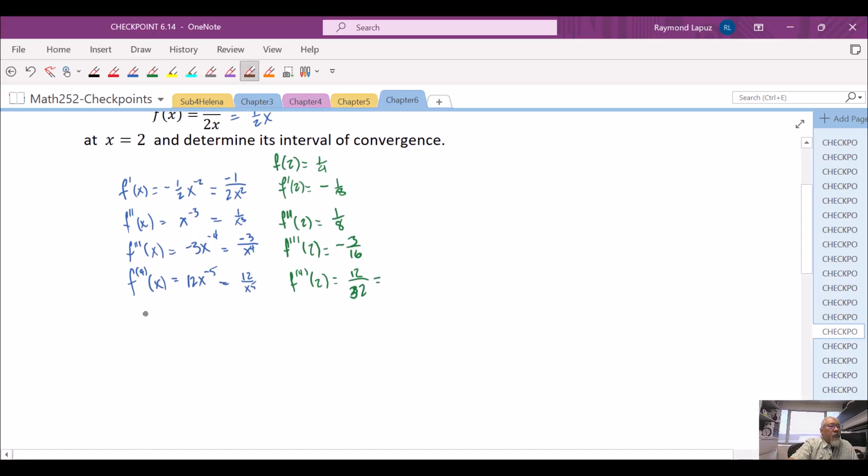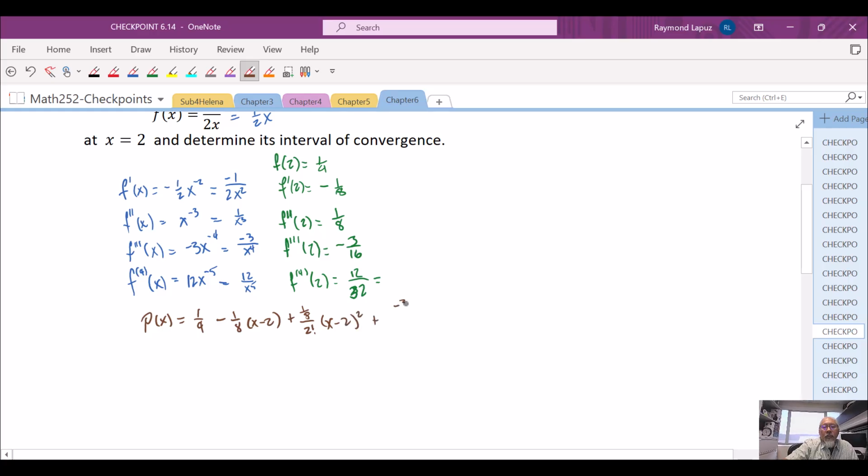Okay, so let's build our series, your p of x, and hopefully we find a pattern here. We start off with 1/4, negative 1/8 times x minus 2. And this is positive 1/8, but then we're dividing it by 2 factorial, which is just 2, and then we're going to multiply that by x minus 2 squared.